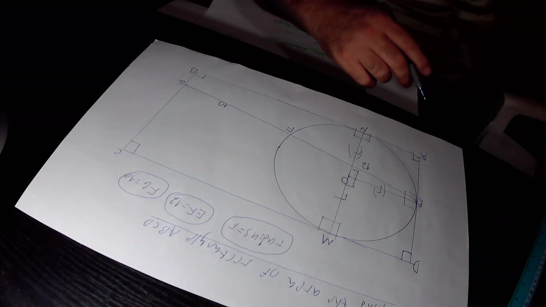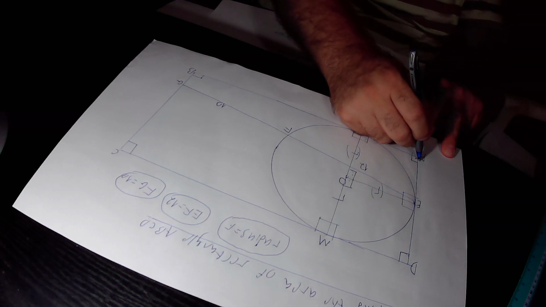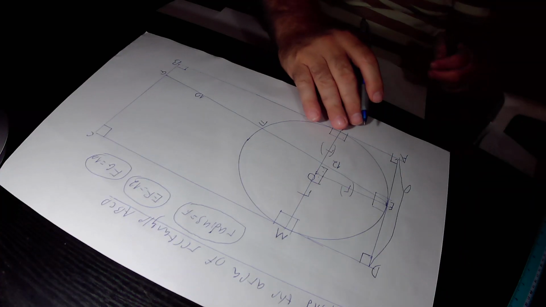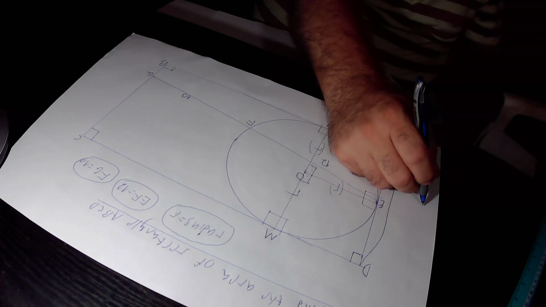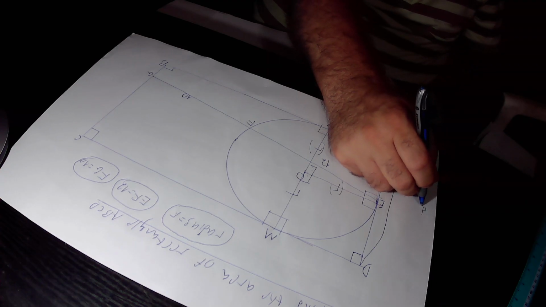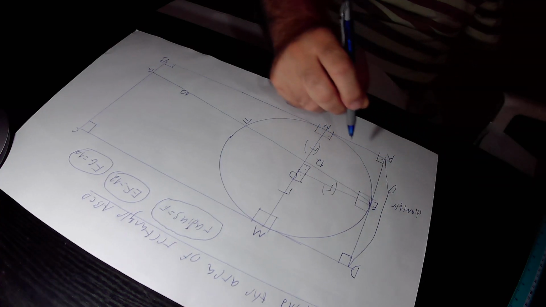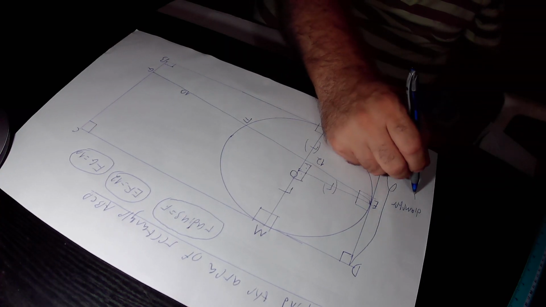DA is the diameter of the circle, and DA is also the width of rectangle ABCD. So it is the diameter of the circle and it is also the width of rectangle ABCD.